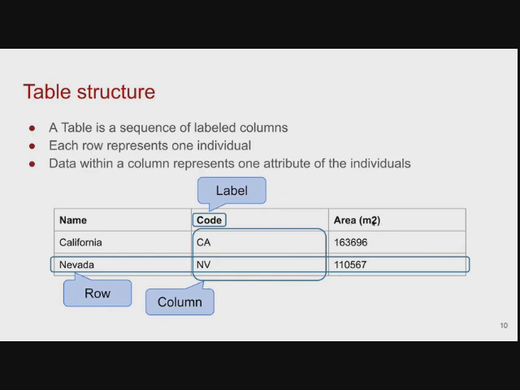So we usually represent a data set as a table structure like what we're seeing right now. You will see that we have rows and columns, and each row represents an individual or observation. Each column represents an attribute, or sometimes we call it a variable, of the individuals.